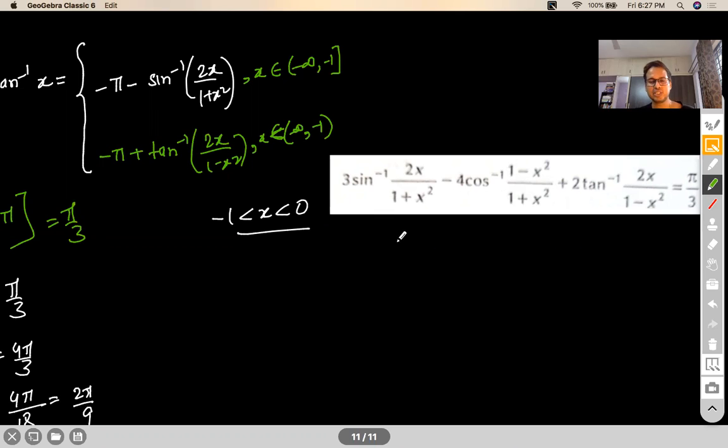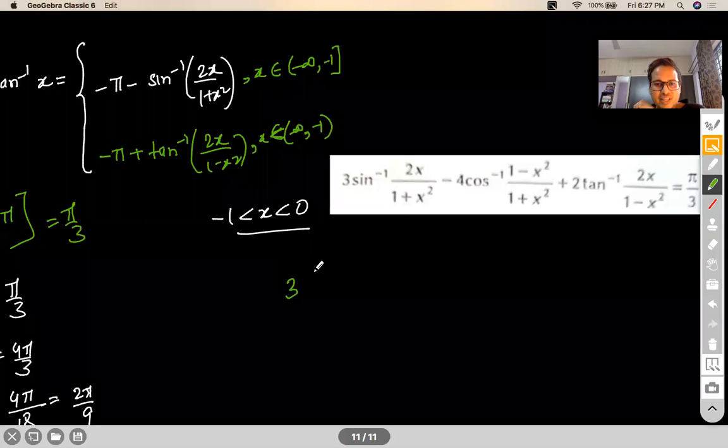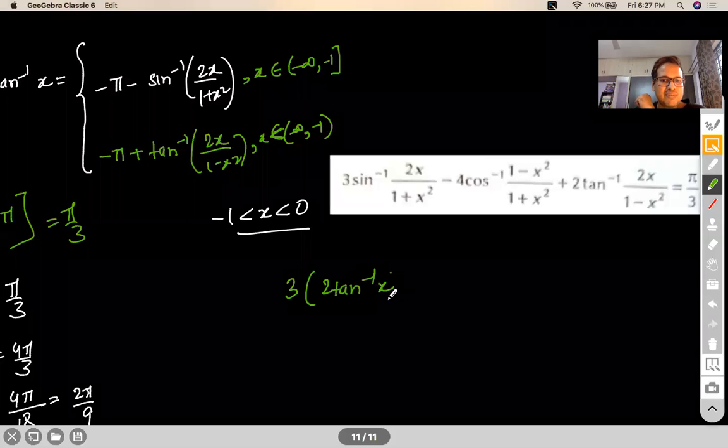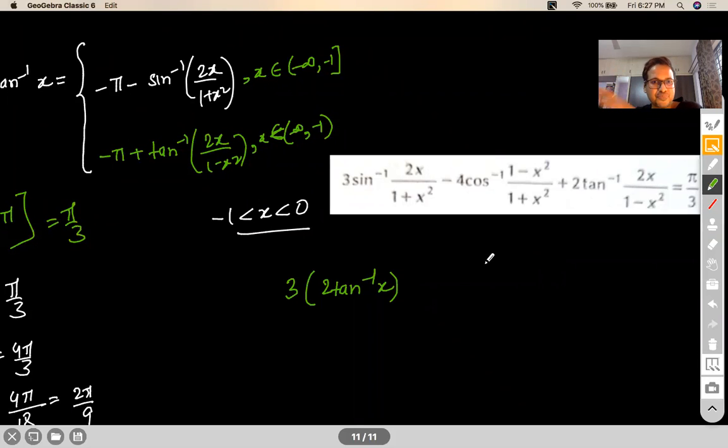Now, sine inverse 2 tan inverse x, when it is between -1 to 1, it behaves as 2 tan inverse x itself. So this will be blatantly following the 2 tan inverse x formula. Correct? Any questions here?